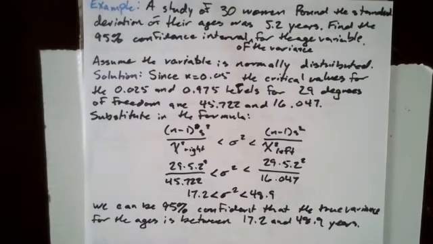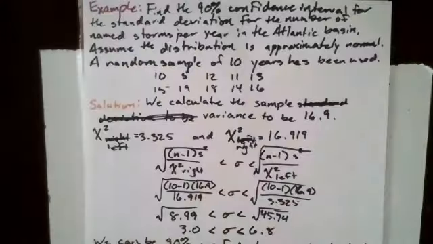Remember, sigma squared is the variance. We don't want to take square roots here. We can be 95% confident that the true variance for the ages is between 17.2 and 48.9 years. It's a pretty big range, but you know.